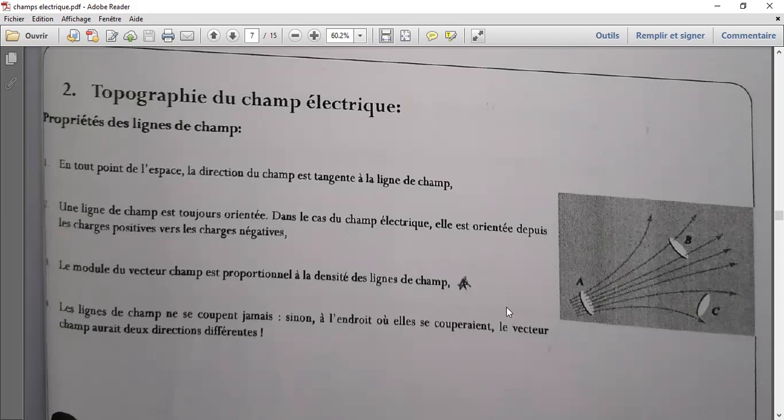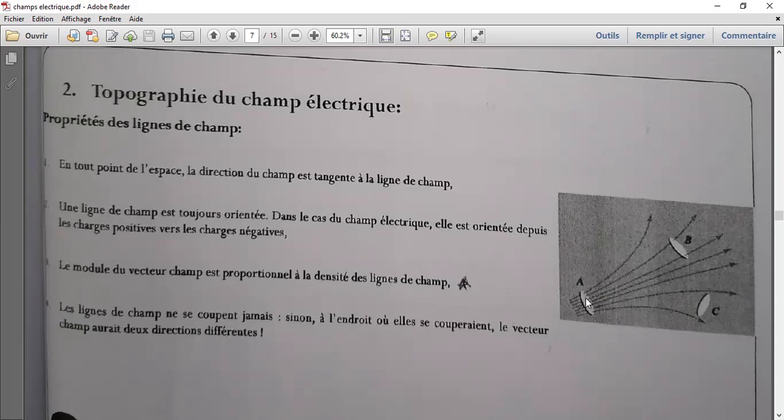What do I mean? For example, you have A, B, and C. When I say density here, I'm not meaning heaviness, I'm meaning the cloudiness. Where is it more compacted?